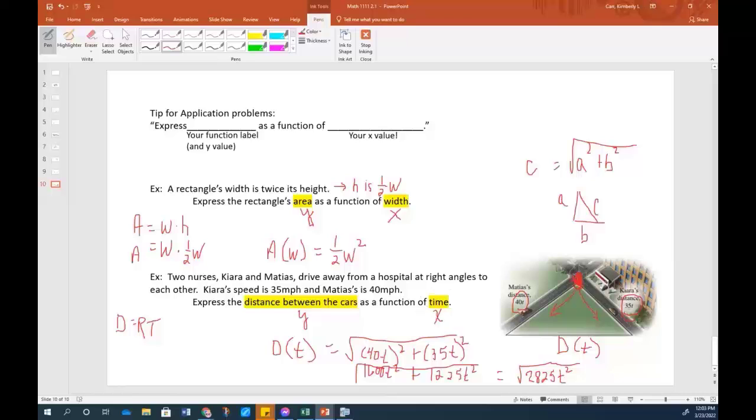So here they said a function of time, everything had to be written with the only variable as t, like our plug-in value is t. If it's a function of width, then the only variable you can use is whatever variable you write for width. And they're very likely in the problems online to give you a letter and tell you whether or not you should use x or you should use w, okay? But I think that little phrasing will help you.